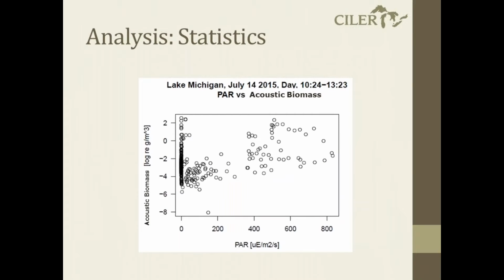All right, what else can we find? Let's look at scatter plots between two variables, pairing them up. Again, looking at PAR on the x-axis, acoustic biomass on the y-axis. Looking at this data, we can maybe see a linear relationship, but on the left side of the graph where PAR is very close to 0, there's just a vertical line there, and so it only fits part of the data, it doesn't fit everything.